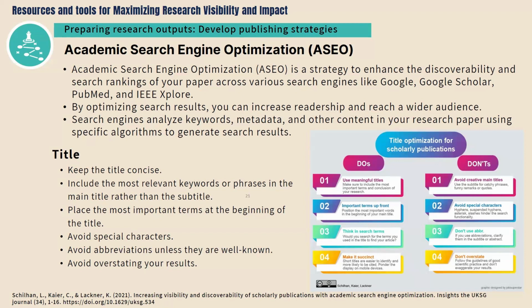By optimizing research results, you can increase readership and reach a widened audience. Search engines analyze keywords, metadata, and other content in your research paper using specified algorithms to generate search results.